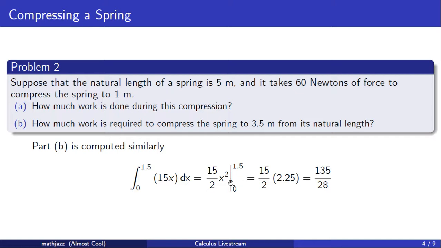We use our power rule to find an antiderivative. We plug in our endpoints. We note that 0 will kill off the antiderivative. And we end up with 135 over 8.